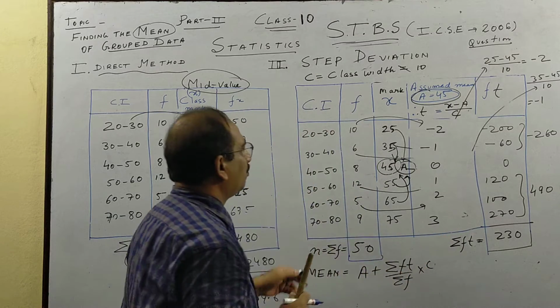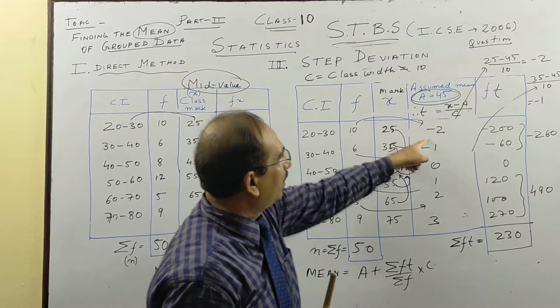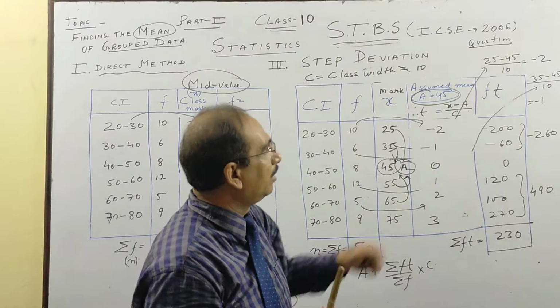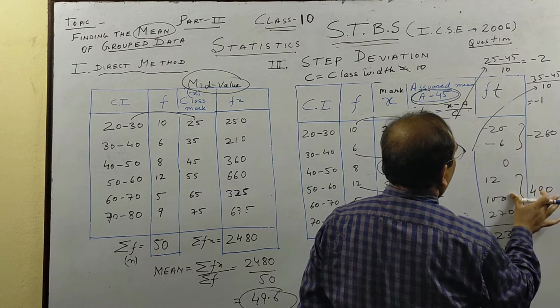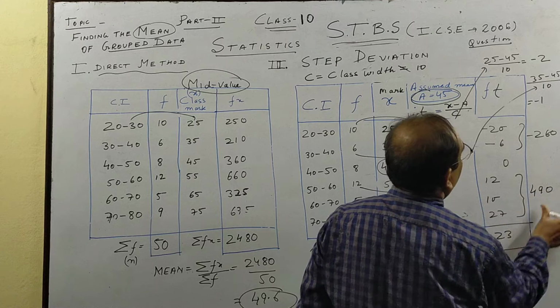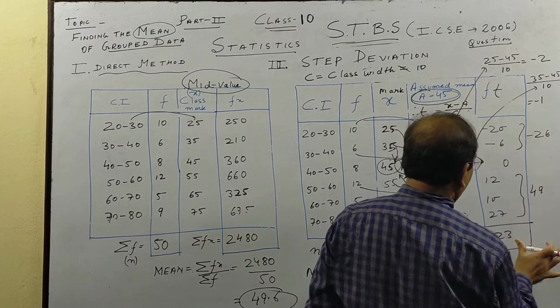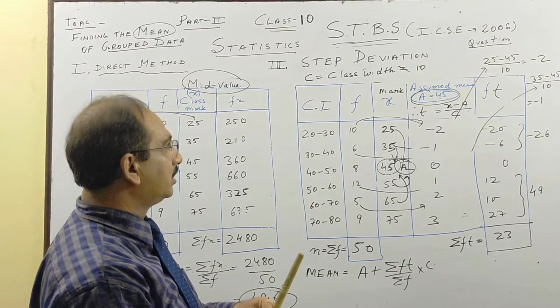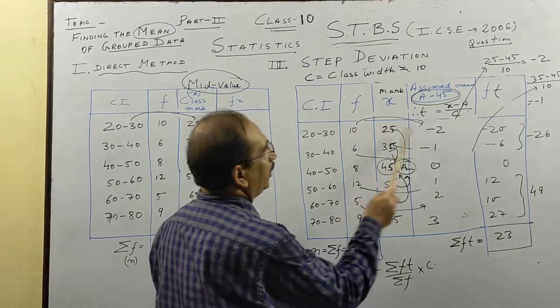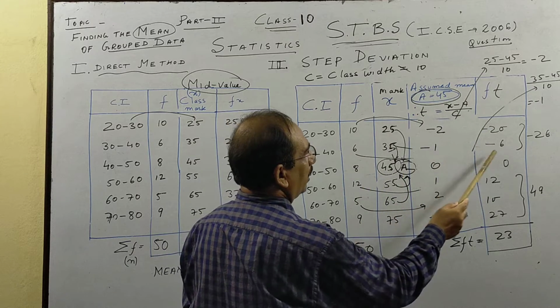So now when you multiply, children, 10 with 2, what will happen? We have divided by 10. All this zero will go. I'll show you how. And we will get 23. Zero will go. See how: 10 into minus 2, minus 26 into minus 1.